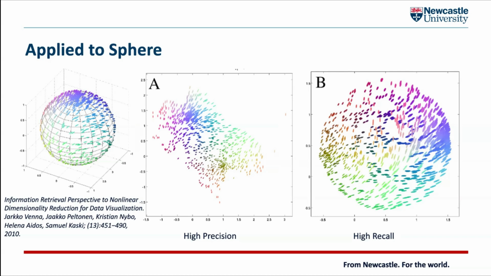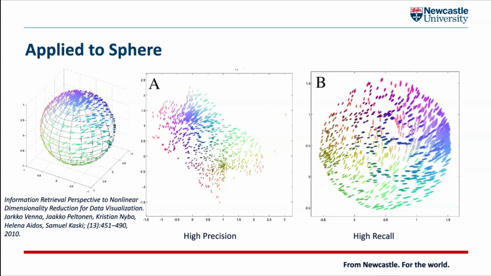But if it's far away, you can miss. So you can have these false negatives. For example, these points here, which are very far away from these points down here, you've missed those. You're lower on recall.